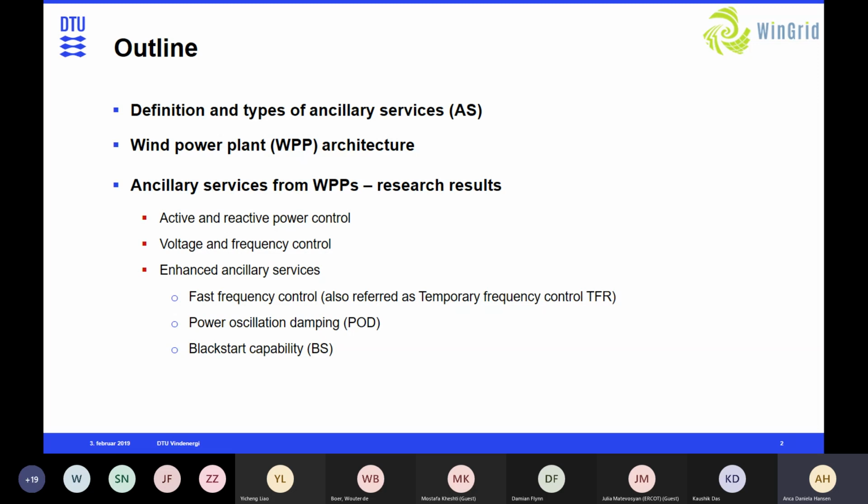So active and reactive power control, voltage, frequency control, and also our results regarding enhanced ancillary services such as fast frequency control, also referred to as temporary frequency control capability, power oscillation damping, and Blackstart capability from wind turbines.